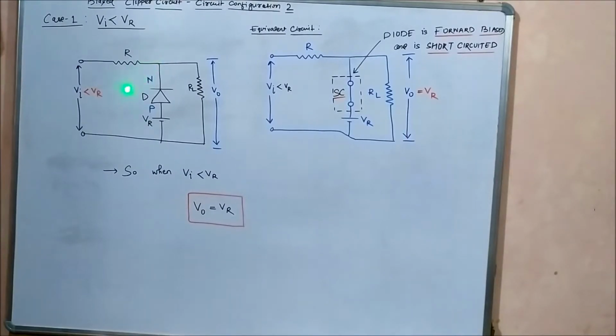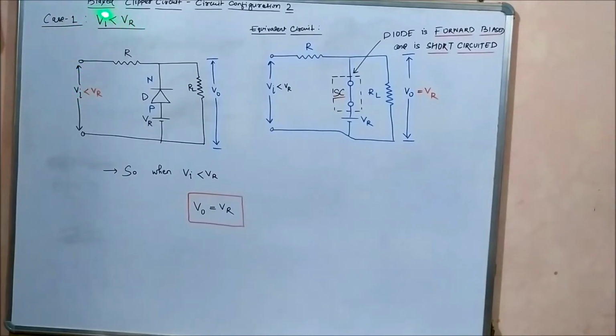So, please pay attention to this diode connected in this circuit. You can see the arrowhead, or the p-type end, is connected to Vr, the biasing or reference voltage, which is a DC voltage. The n-type end is connected to the input voltage, the sinusoidal signal.